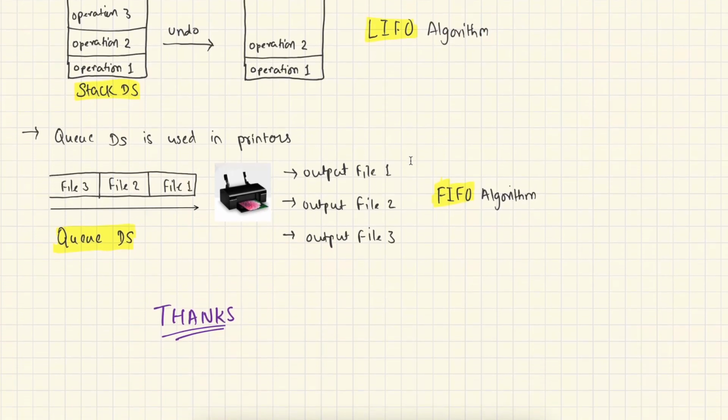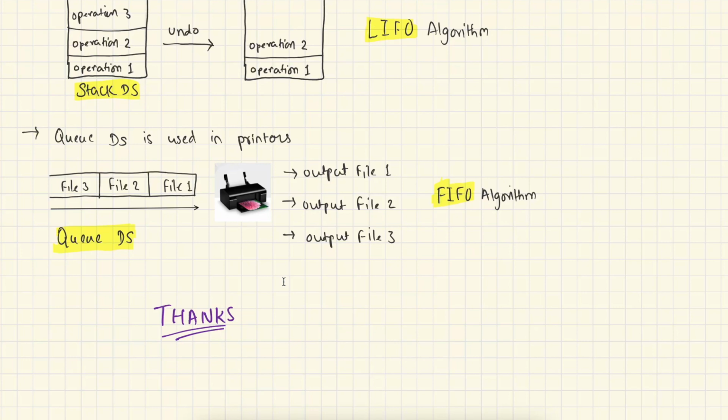Now the second is the queue data structure. Have you ever experienced printing multiple files on a single printer? When you try to print multiple files on a single printer, it's never going to happen that your printer takes all the files as input and outputs all the files immediately. What a printer basically does is save all of your files in a queue data structure. Why? Because a printer can access one file at a time.